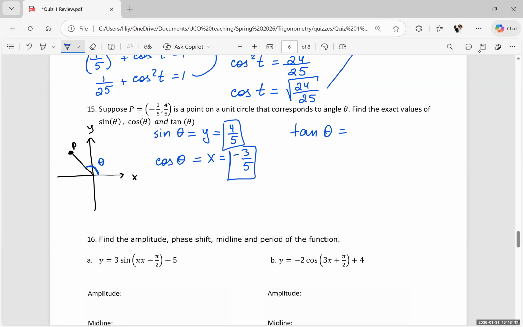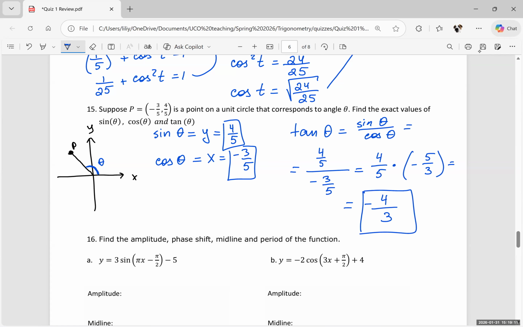Tangent theta would be sine theta over cosine theta. And that would be 4 over 5 divided by negative 3 over 5. Do not leave this unsimplified. 4 over 5 times negative 5 over 3. So this is negative 4 over 3.